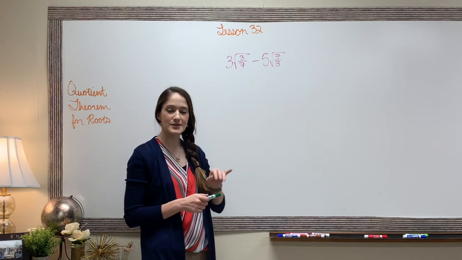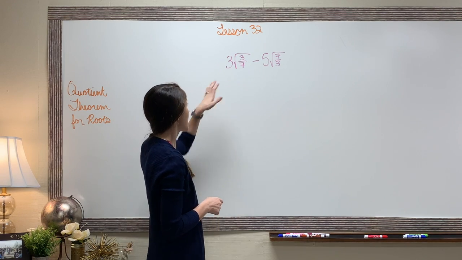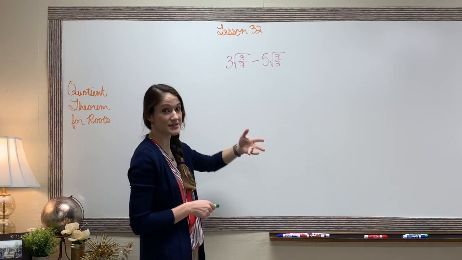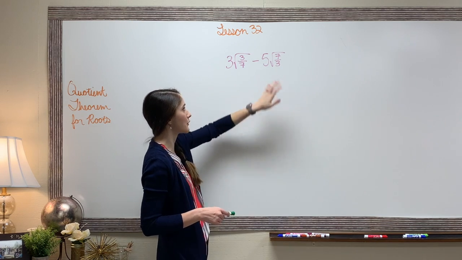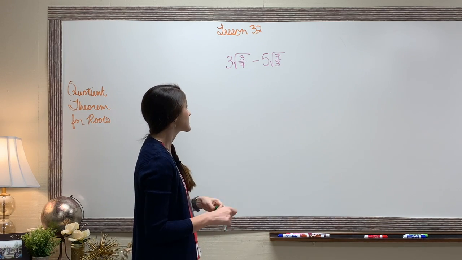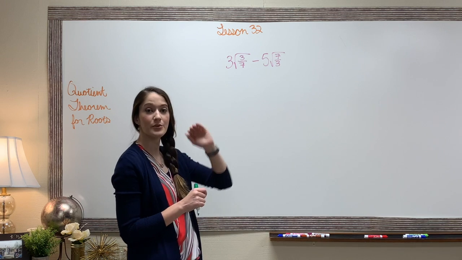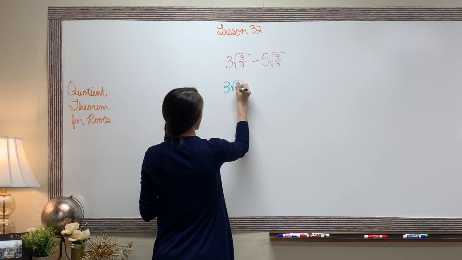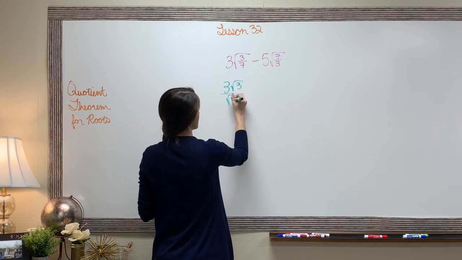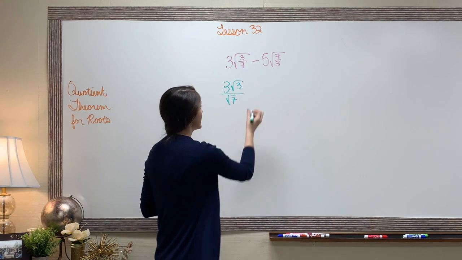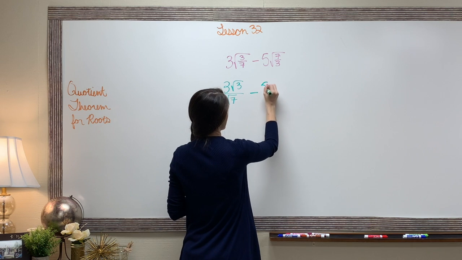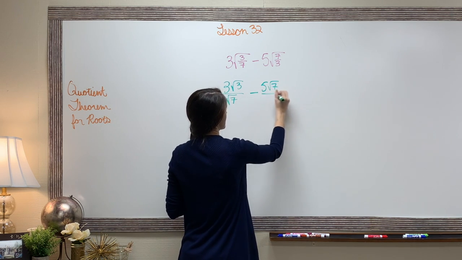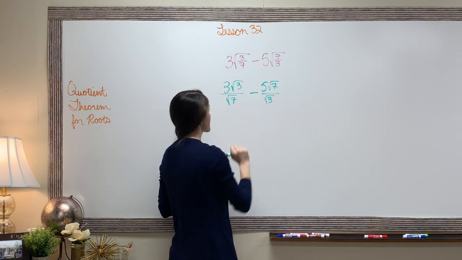Okay, our last practice problem for this concept, the way that they have made this even deeper is now we also have a whole number in front. So what we do is we take that whole number and we put it in our numerator. So this will be 3 root 3 over root 7. And then for our next part, we're going to say 5 root 7 over the square root of 3.